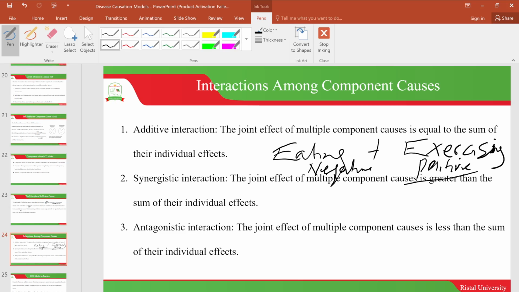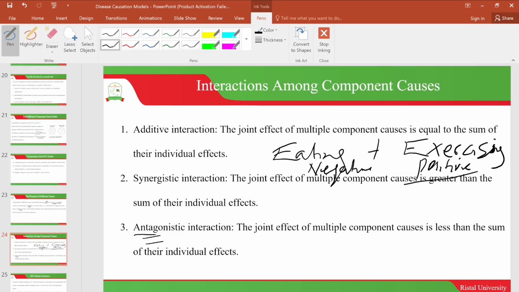When you have one that counters, we talk about antagonistic. This is to say that the joint effect of the multiple component factors is actually less than the sum of the individual effects.